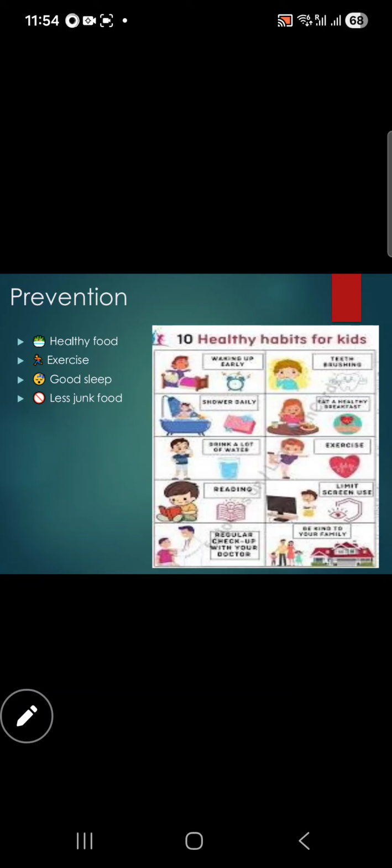We should not use mobile, and if we are using it anyhow, we have to limit our screen time. Also have regular checkups and consult your doctor, monthly or quarterly. Be kind to your family. If you are healthy, then you can take care of your family as well. Very good. So you should follow these healthy habits.